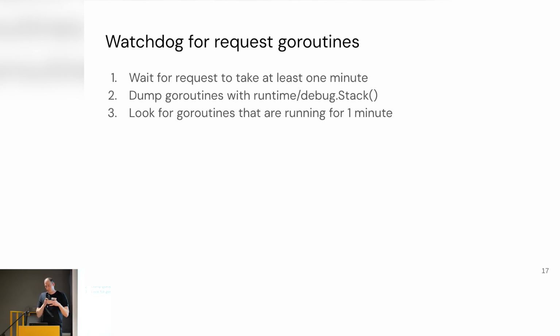So when a request came, we started a timer, and after a minute, when we detected Go routines belonging to this request, we dumped the stack with debug stack, and the Go routines that were running for 1 minute were the ones that probably leaked. And nowadays, if we wanted to do something like this, we could use the flight recorder instead.